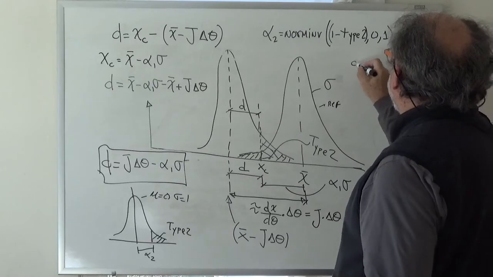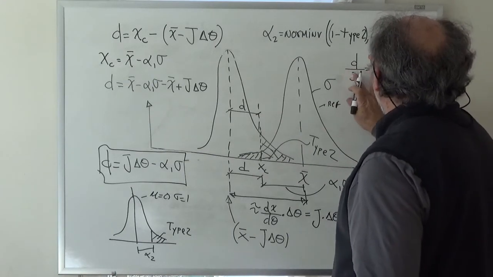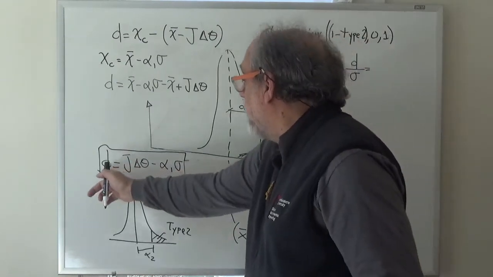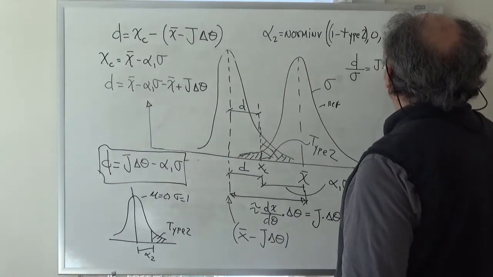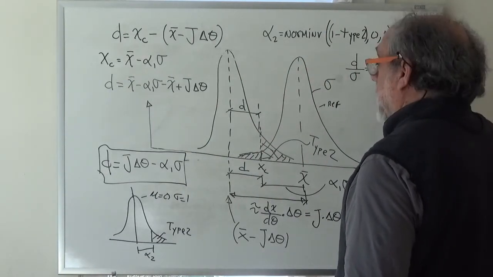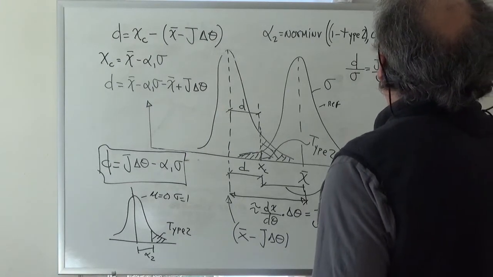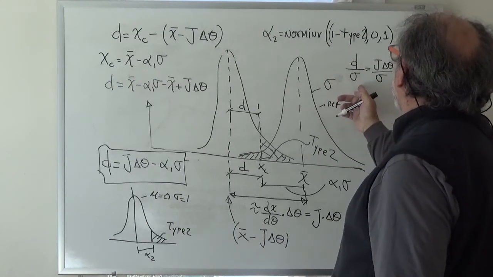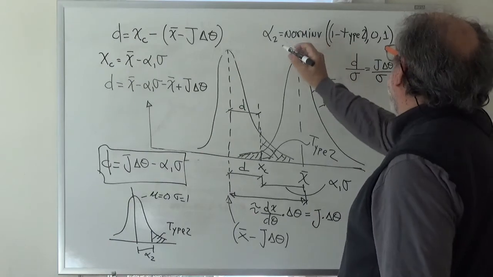So my d divided by sigma, in terms of standard deviations, is just j delta theta over sigma minus alpha 1, right? But I know that the d over sigma can be related to the type 2 by alpha 2.